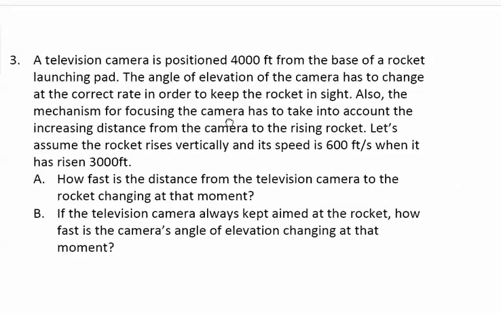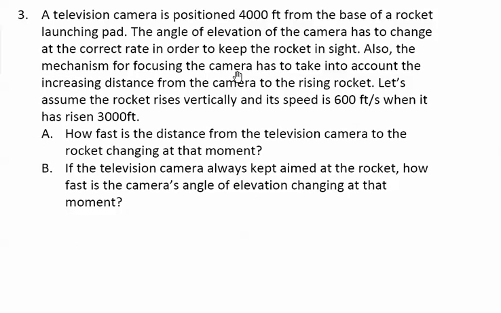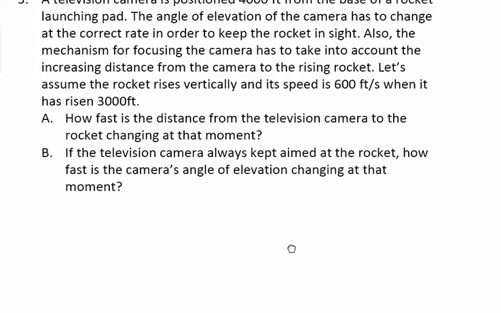A couple of these are repeat problems and a couple are new problems. So here we've got a camera and we are following the launching of a rocket. So the angle of elevation of the camera has to change in order to keep the rocket in sight.